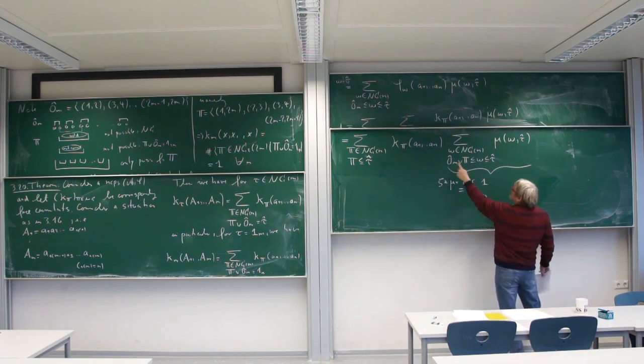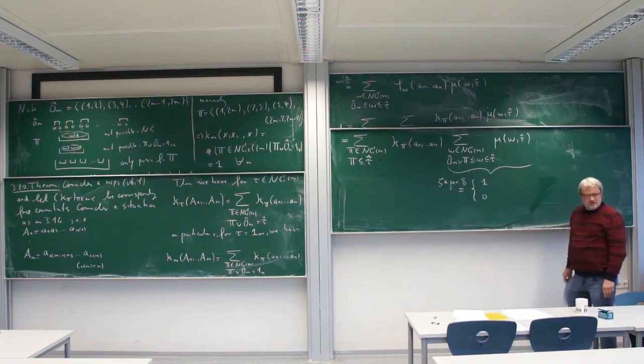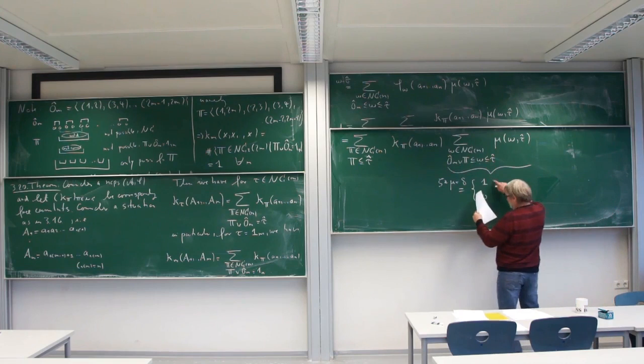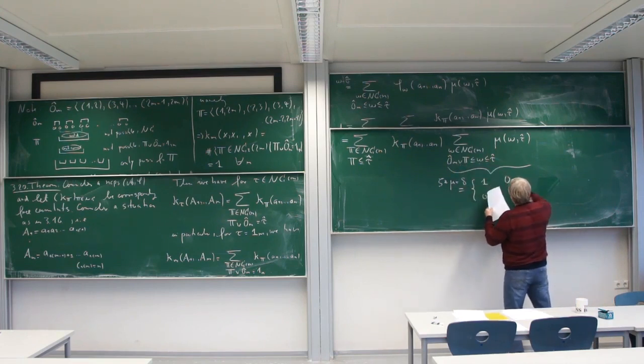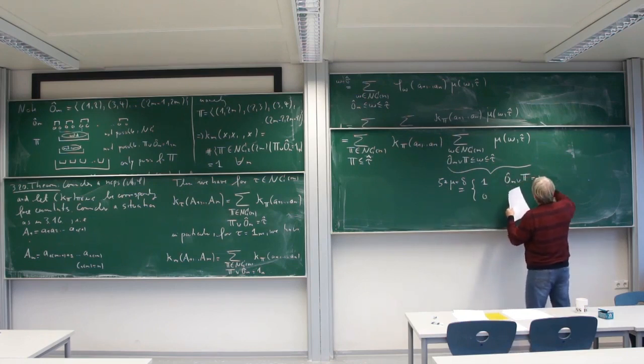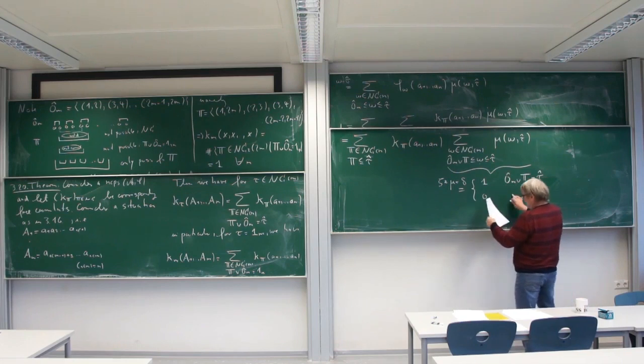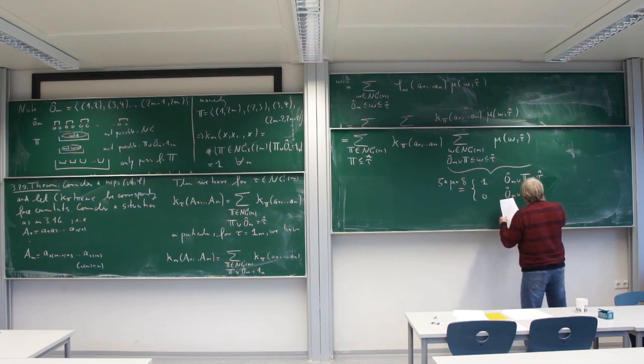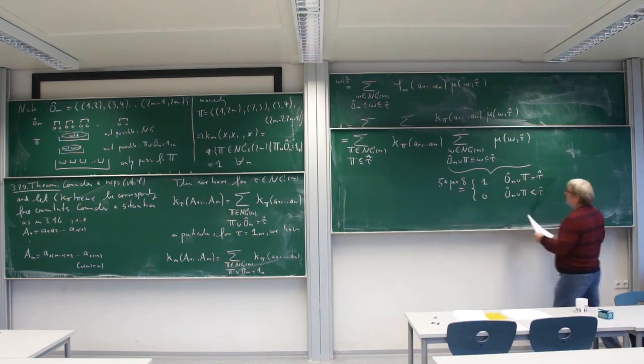And the delta, we're taking it here and here. Delta of this and this is 0 if they are not the same, and 1 if they are the same. So this is 1 if the maximum of 0 m hat and pi is equal to tau hat, and it is 0 otherwise. Otherwise means this maximum is strictly smaller than tau hat.